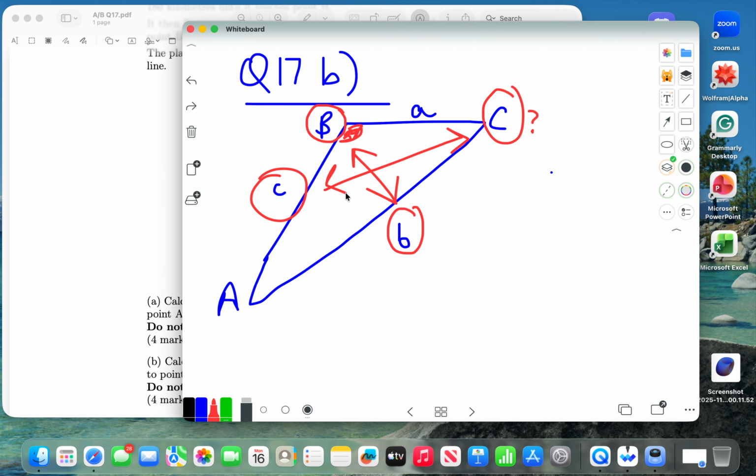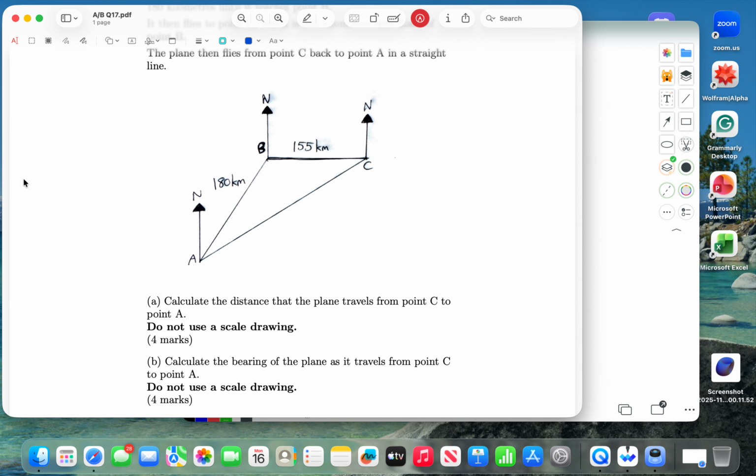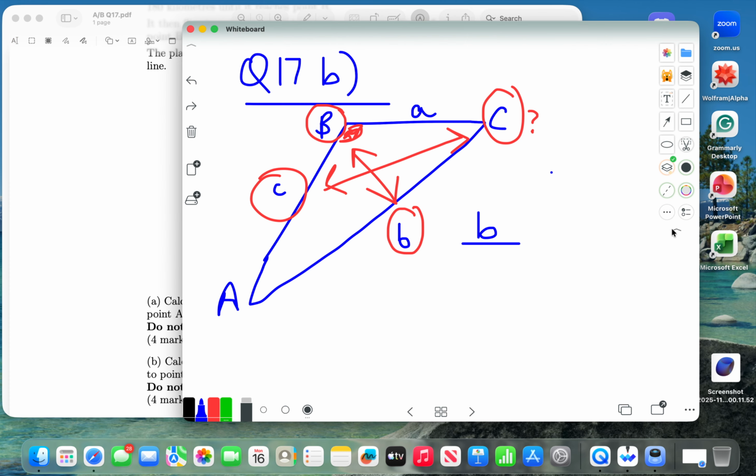So we can apply the sine rule. If instead you decided that you wanted to use the fact that we know all of the sides because we're given 2 lengths in the question, we found the third one in part A, you could use the cosine rule to then find the angle C, but I think the sine rule is much easier to use, and because we've done so many examples of the cosine rule, I want to show you this with the sine rule.